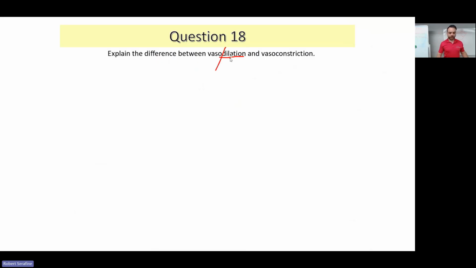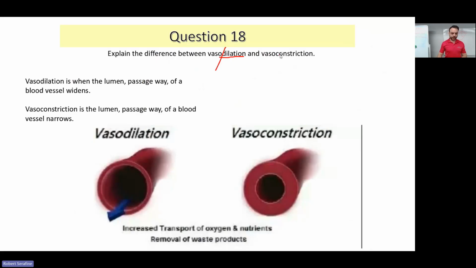Vasodilation is the widening of the blood vessel, and vasoconstriction is to cause a narrowing of that passageway, which will then either allow blood to flow freely or constrict the blood, allowing it to not flow as freely. And a fun term here, lumen, refers to the passageway in the blood vessel itself.